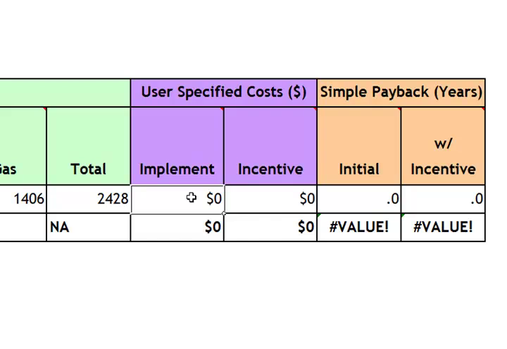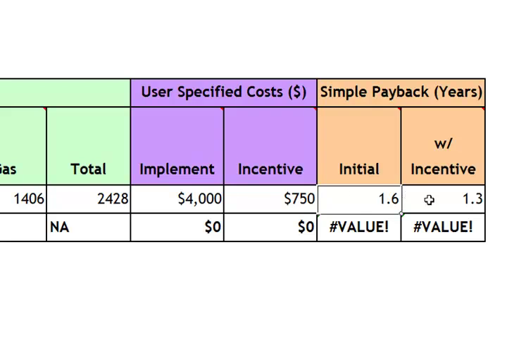So let's assume our total cost is $4 grand for the scheduling change, and the incentive our utility will give us is $750. We can see that our simple payback without incentive is 1.6 years, and with incentive it would be 1.3 years.